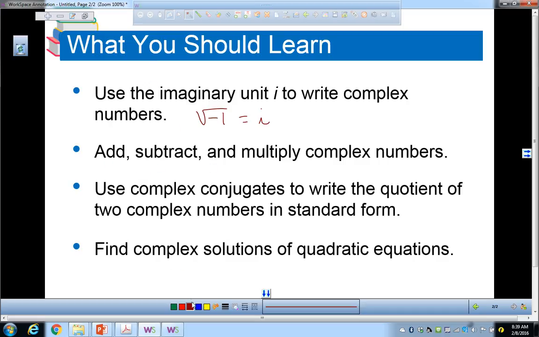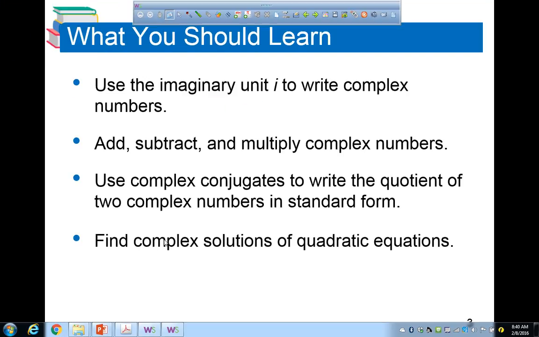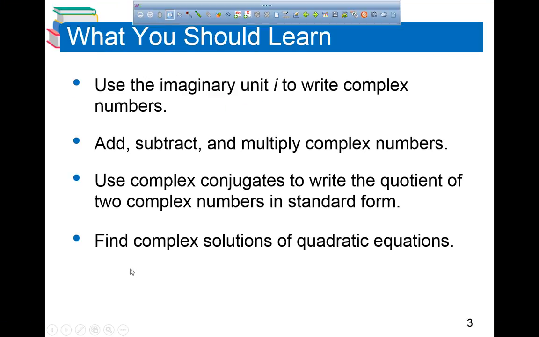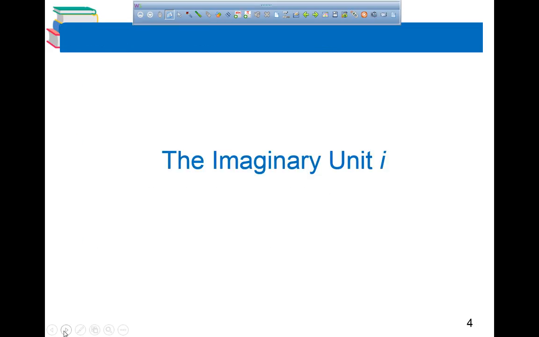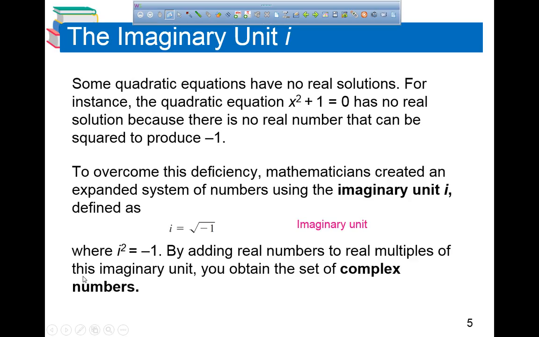This is all the stuff you're going to learn about. Don't worry about that. So let's move on to the imaginary unit i.